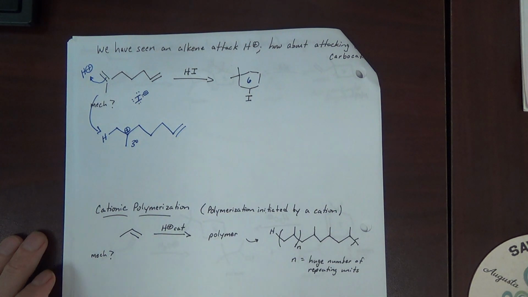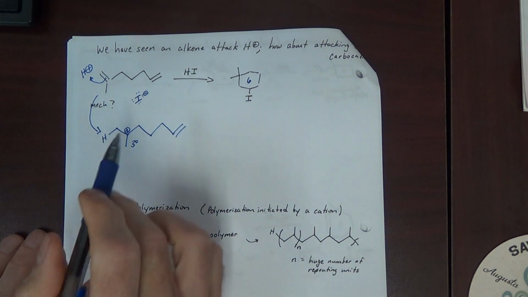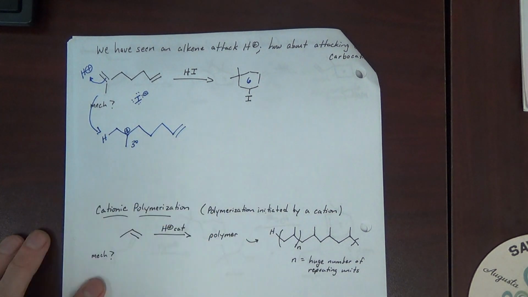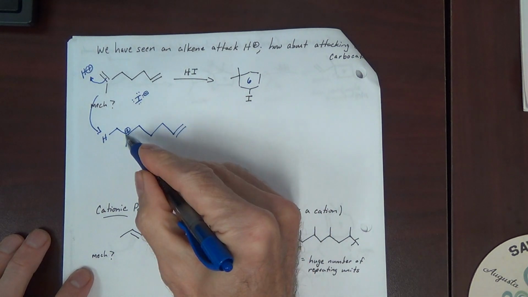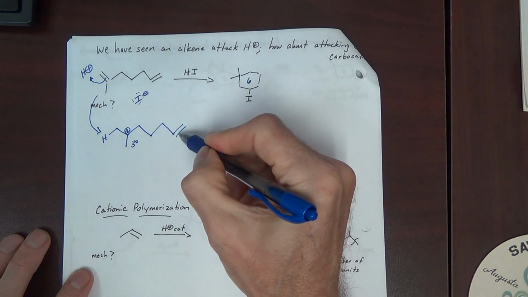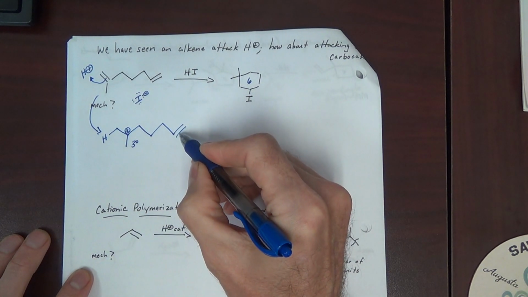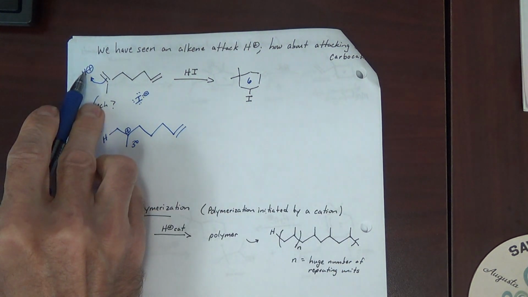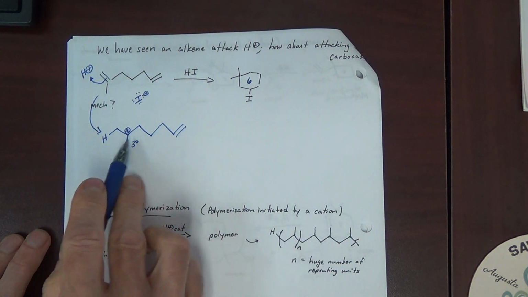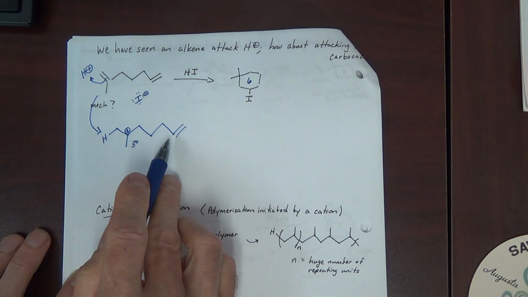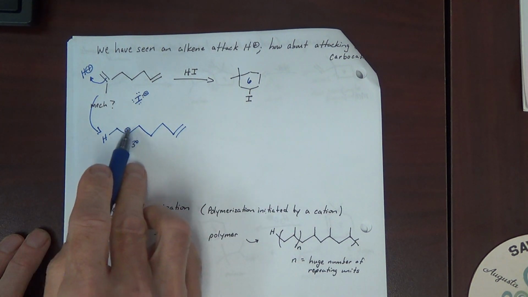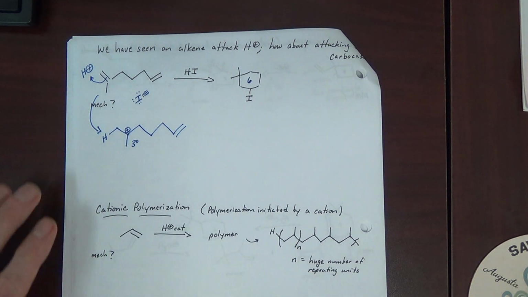What else could attack the carbocation? The answer is this other alkene can attack. Have you ever seen an alkene attack a positive atom? Yes, we just did it up here. That happens again, but this time an alkene attacks a carbon plus, a carbocation.